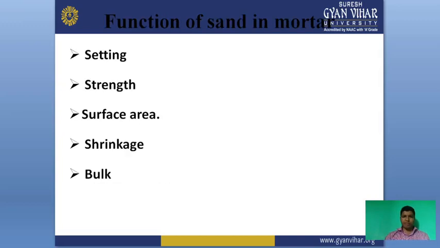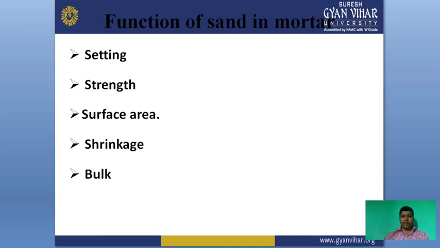What is the function of sand in mortar? The function of sand in mortar is setting the components of the material used in mortar. First is setting, then it also provides better strength, and third it also covers the surface area, and it also protects from shrinkage and from bulking of sand.